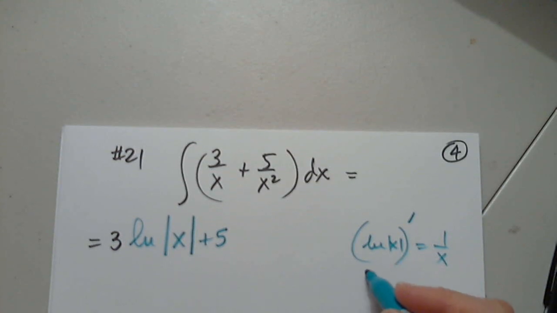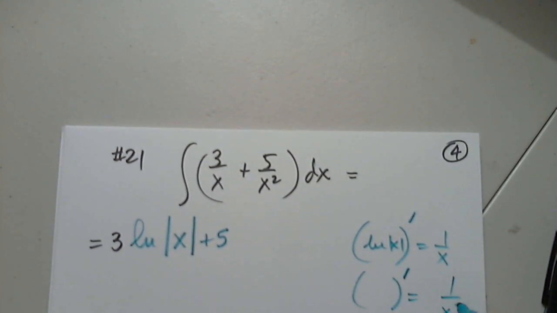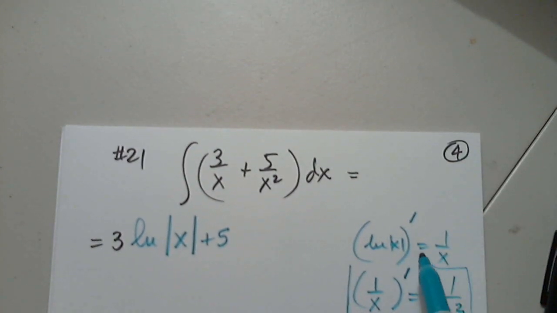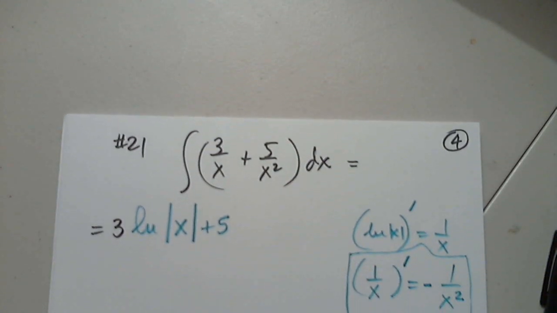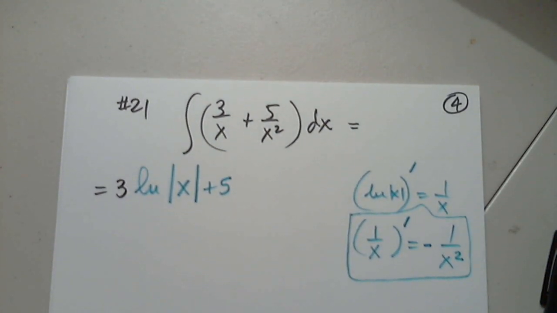Now, I'm looking for a function whose derivative is 1 over x squared. None is exactly this, but with a minus. A long time ago, I said, please try to remember this rule because it's very useful, and it's very useful right now.